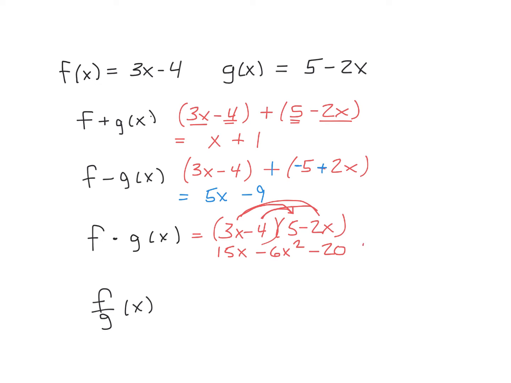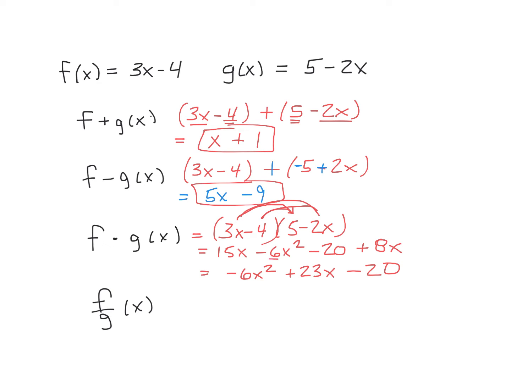And my last terms would be a positive 8x. Combining like terms, and also putting this in standard form, I'd have a negative 6x squared. I have 15x and 8x, which is 23x. And then the minus 20. And these would be your final answers there.